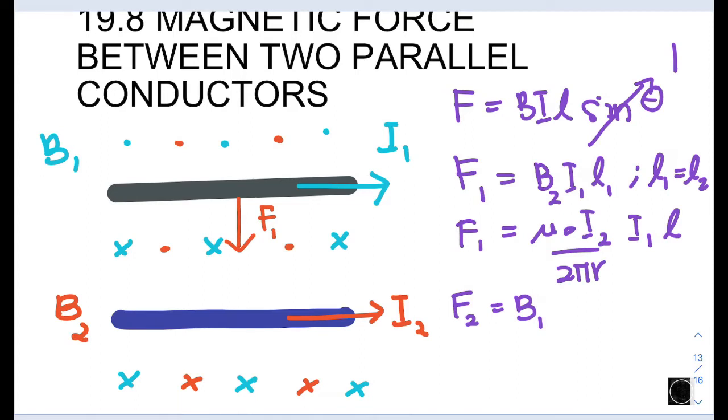So I2 is flowing within wire 2, and L. The magnitude of it is mu naught I1 over 2 pi r, times I2 L.